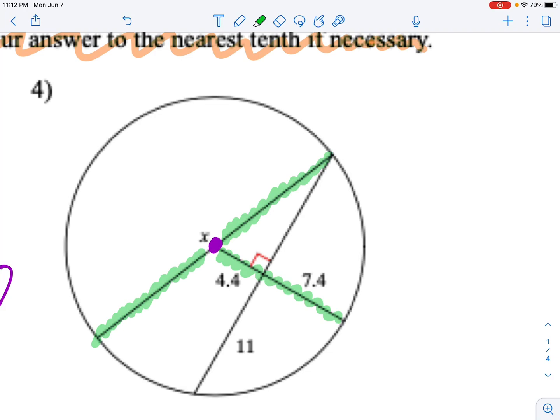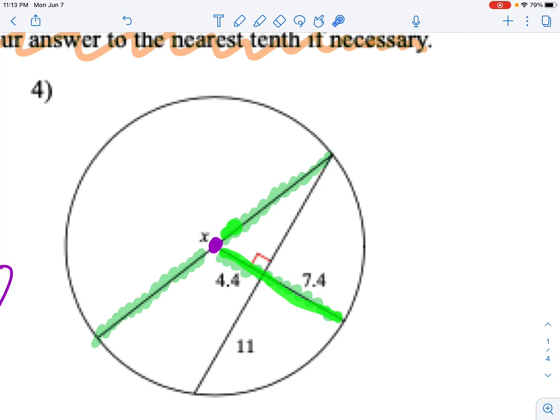So that means this diameter is made out of 2 greens. But this is only one of them, which is 4.4 plus 7.4, excuse me, right? And I want to find x. I want to find the whole thing.